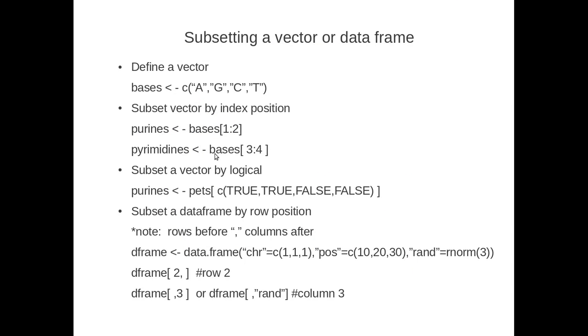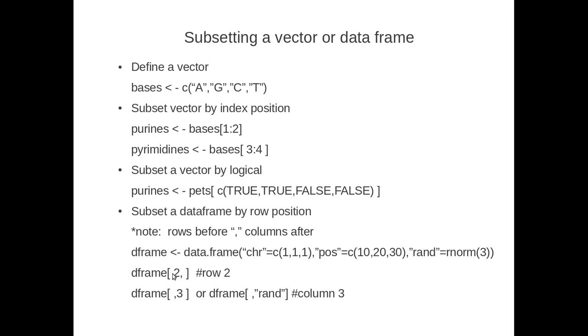So now let's do something a little bit more complicated. Let's say we want to subset a data frame by row position. What's important here is that in this notation, dframe bracket 2 comma, the comma is separating the rows on the left from the columns on the right.